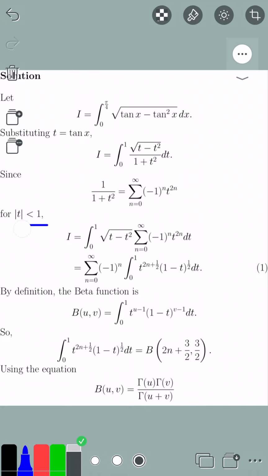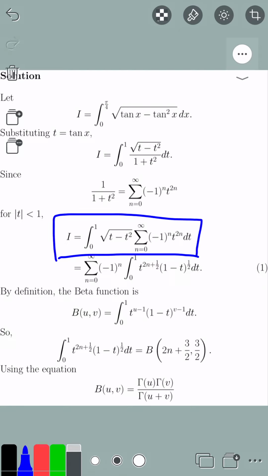We substitute this geometric series into the integral, and we get I equal to the integral from 0 to 1 of the square root of t minus t squared times the sum from n equals 0 to infinity of negative 1 to the nth power times t to the 2nth power dt.